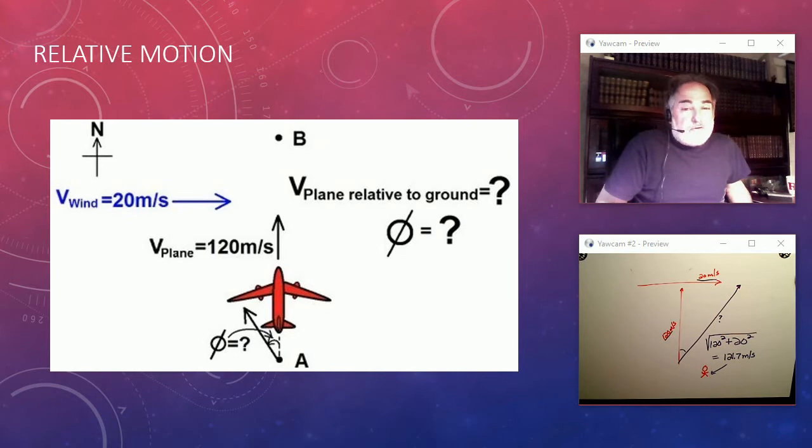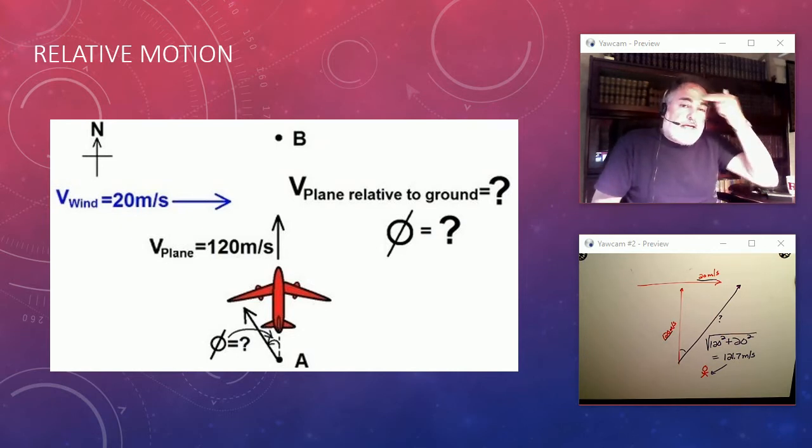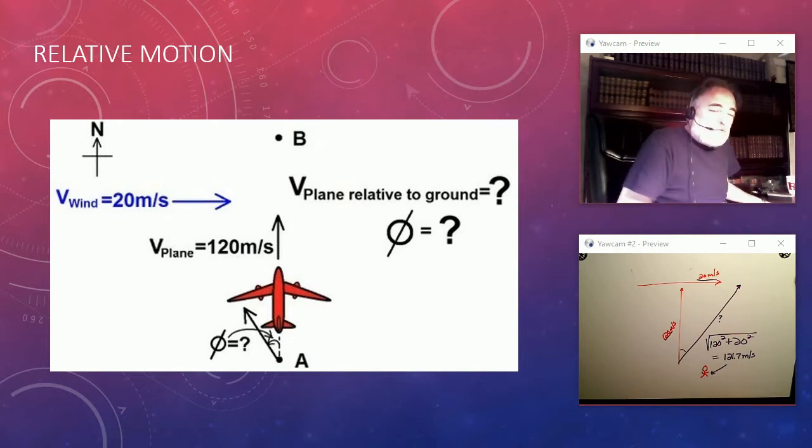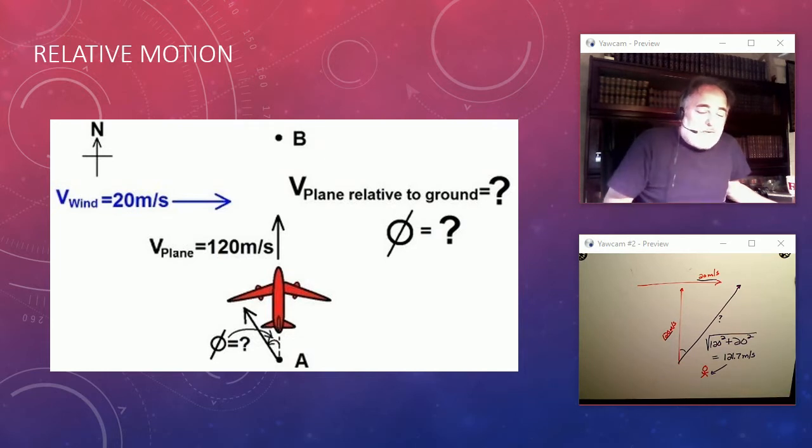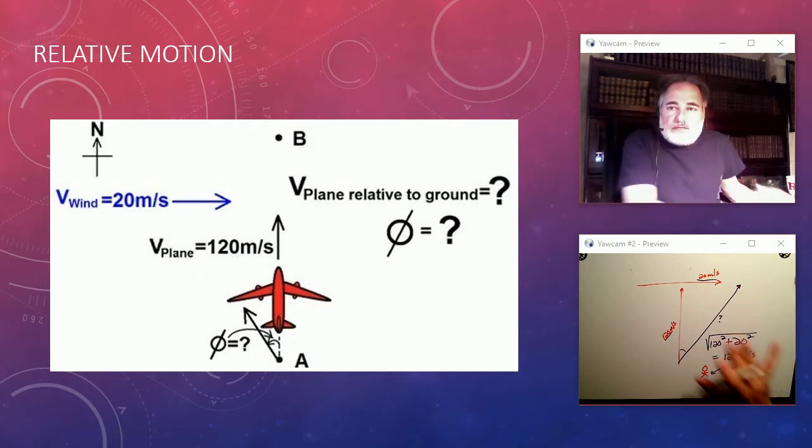Again, according to the plane it is going 120 meters per second. But the ground speed, according to the ground, of course, because it has an aid from the wind, it's going faster. So we have to treat each component as a relative strength.